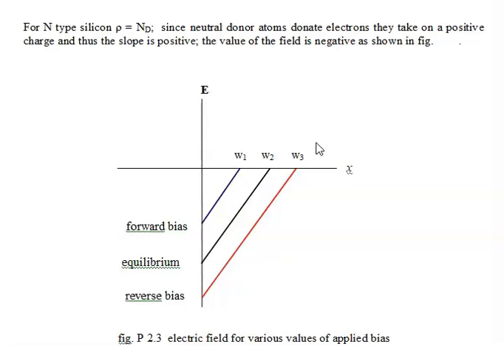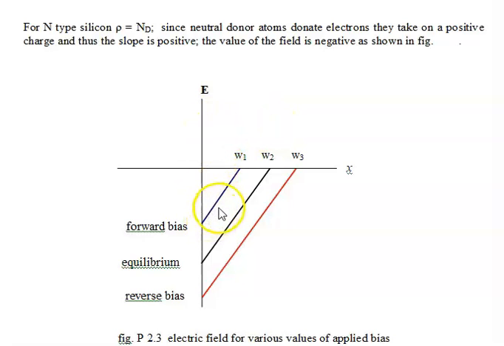So if we look at N-type silicon rather than P-type, we get exactly the reverse. The electric fields are non-positive because in the depletion region we have positive ions, and at the surface metallurgical junction we have a negative charge density, so the electric field points from right to left, which is in the negative direction.